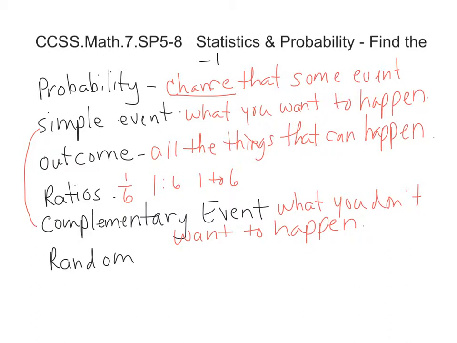So the complementary event is what you don't want to happen. I do want the simple event of 6 to happen, so I just 1 out of 6. And the complementary would be everything else that you don't want to happen.